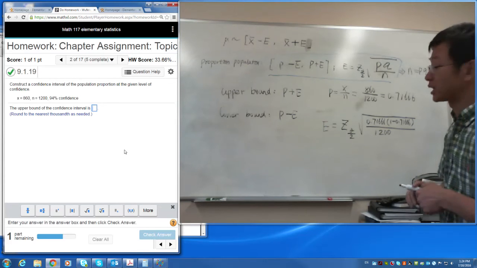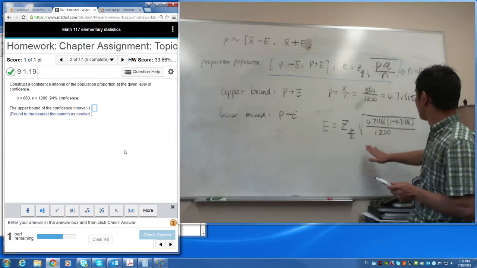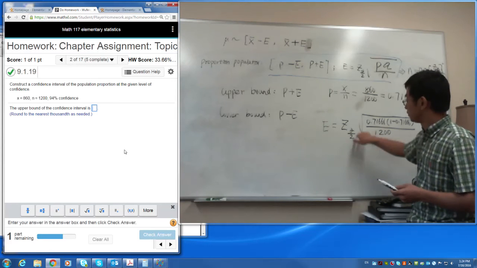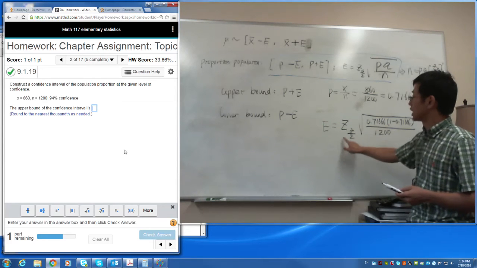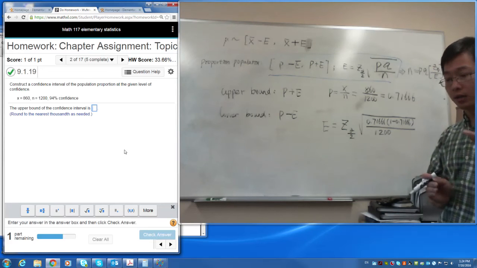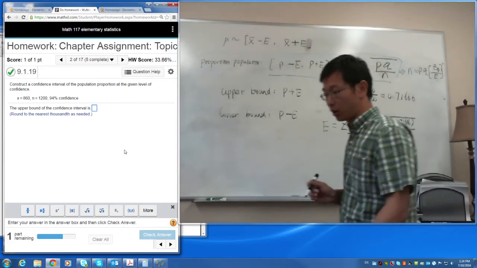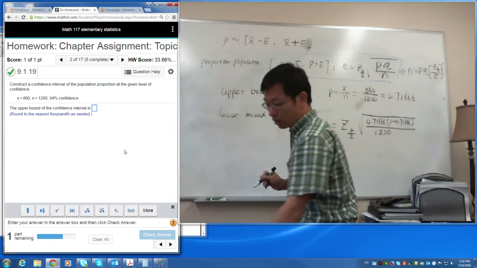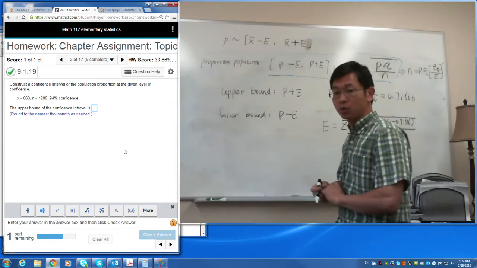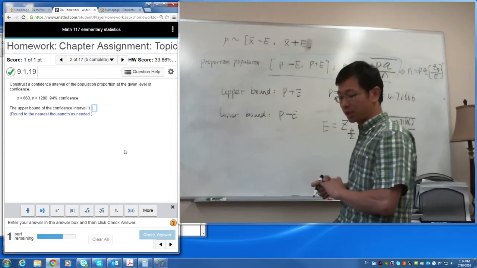It's 94% confidence. Okay. So now I'm going to give you a little bit of introduction on Z alpha over 2 here. Normally we have several Z alpha over 2 values I want to share with you. You can Google it, Z alpha over 2 table. Sometimes they give it to you.